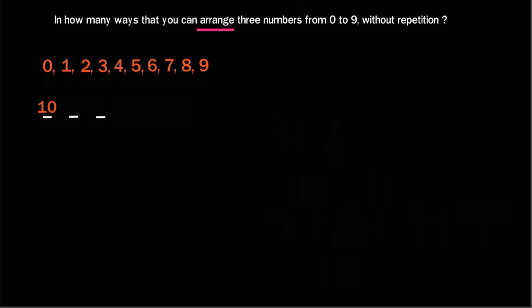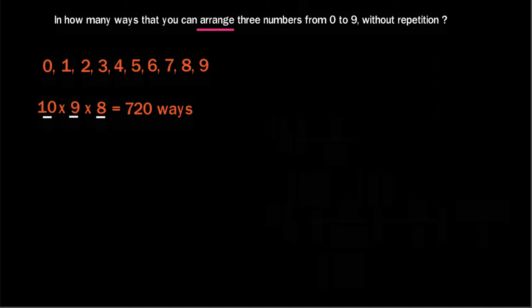So after you fill out the first digit, the number of possible digits for the second digit is reduced by 1, so it's 9. And finally, after you pick your second digit for this arrangement, you will be left with only 8 digits to be picked because you cannot repeat the digits. So you will get 720 possible arrangements.